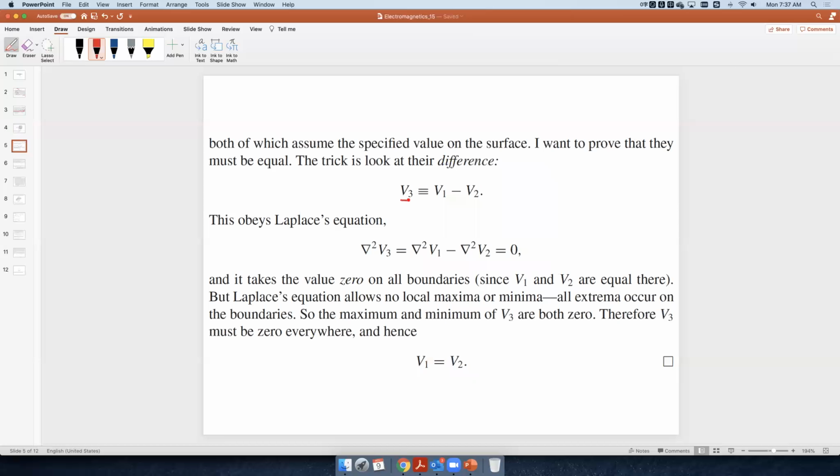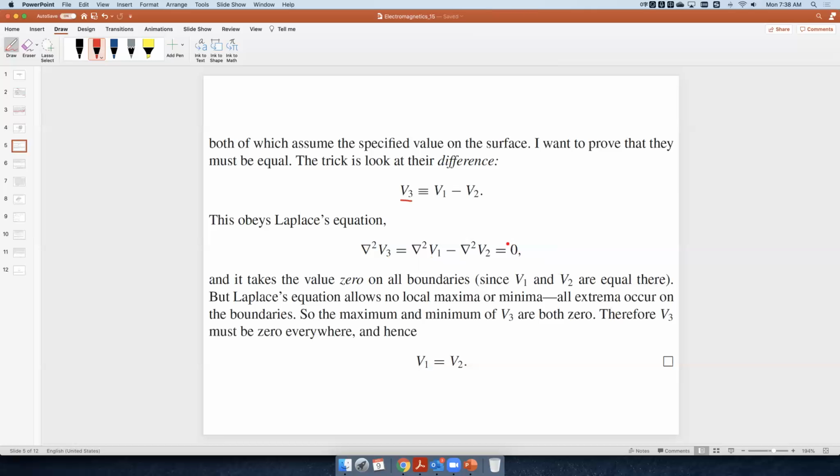And notice that V3 must obey the Laplace equation. So del squared V3 equals del squared V1 subtracted by del squared V2, which equals 0, because V3 itself is a solution of this Laplace equation.